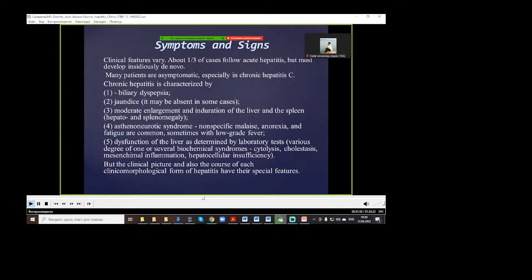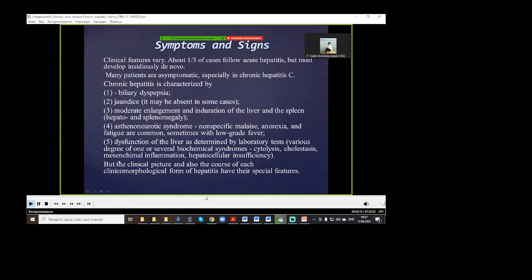Chronic hepatitis is characterized by, first, biliary dyspepsia; jaundice, which may be absent in some cases; moderate enlargement and induration of the liver and spleen, hepatosplenomegaly; astenoneurotic syndrome, which is characterized by non-specific malaise, anorexia, fatigue, sometimes low-grade fever; and the last, dysfunction of the liver, which is determined by laboratory tests.